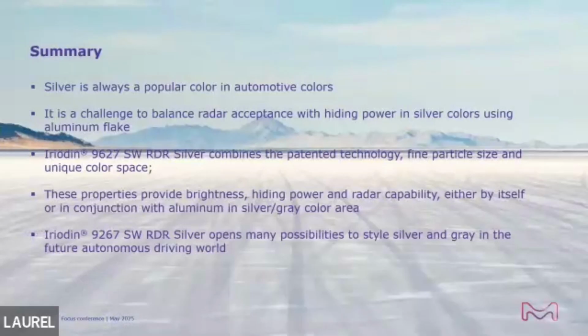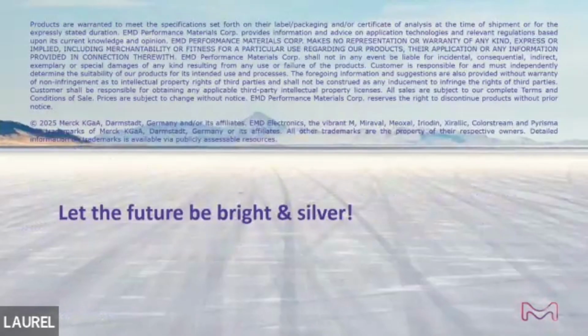So that's a good product to be used to replace part of the aluminum or to completely replace aluminum. We're hoping this product opens a lot of opportunities and gives you possibilities to style a silver color in the autonomous driving world. With that, see the color me, and that's it.